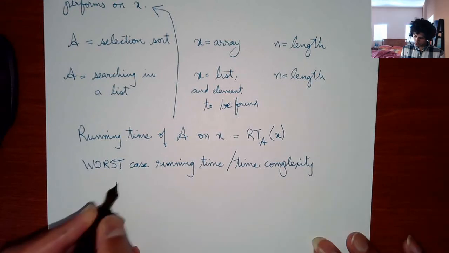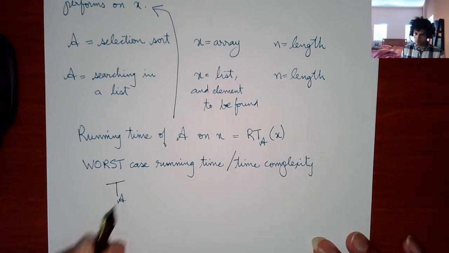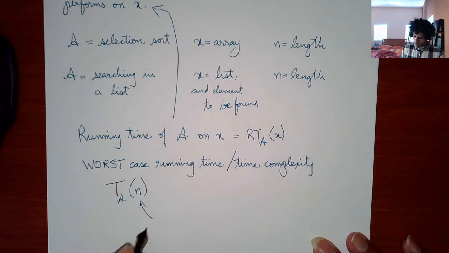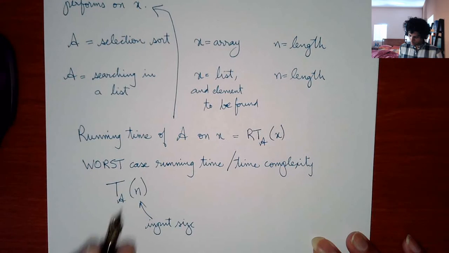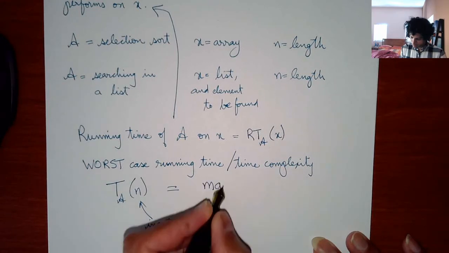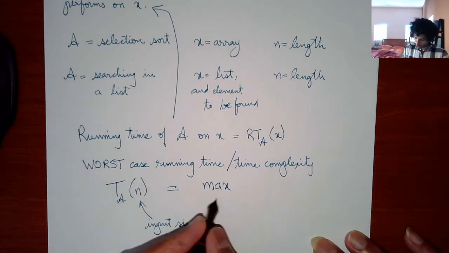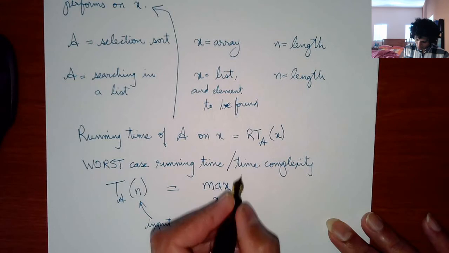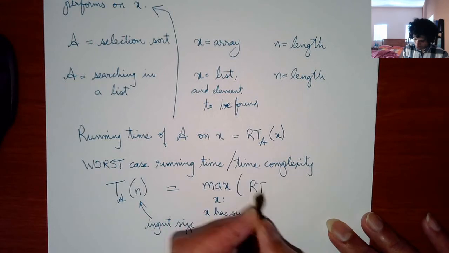It's a function that I'll say t sub A of n. So n is going to be an input size. And what it is, it's a maximum over all inputs X, where X has size n, of the running time of the algorithm on X.